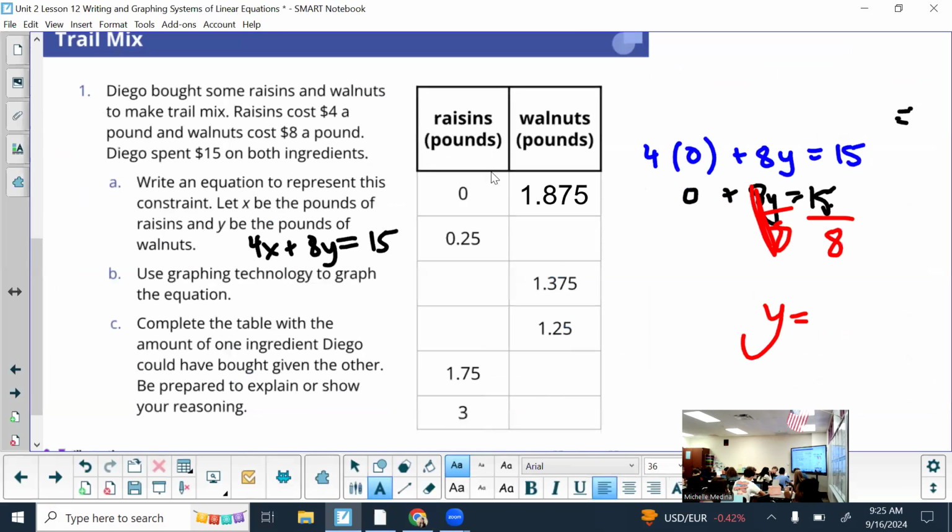So then table 4, when there's 0.25 pounds of raisins, how many pounds of walnuts are there? All right, we'll see if that's right in a second. Table 5, when there is 1.375 pounds of walnuts, how many pounds of raisins? Table 6, when there's 1.25 pounds of walnuts, how many pounds of raisins?